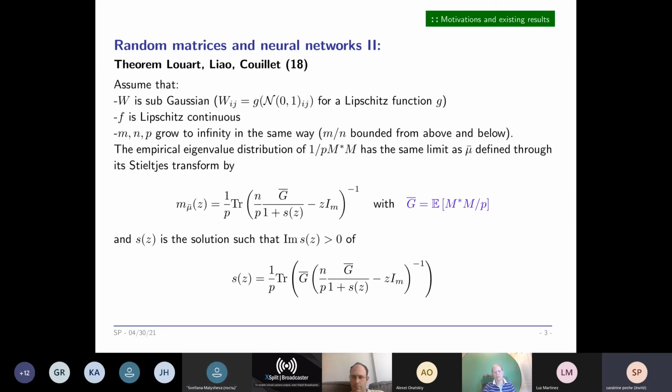It's actually a limiting distribution which is quite well known in random matrix theory, because if one considers a matrix T such that TT star is equal to G bar, then mu bar is actually the limiting empirical eigenvalue distribution of TX times its transconjugate if X has Gaussian entries with variance 1 over square root of P. Okay, so this is a result which states that the limiting empirical eigenvalue distribution of this first nonlinear ensemble is the same as that of a linear ensemble.